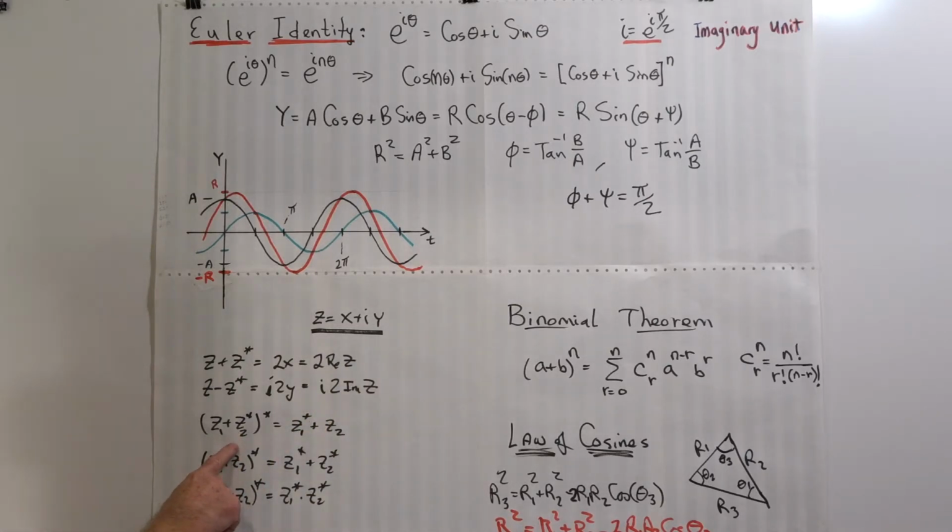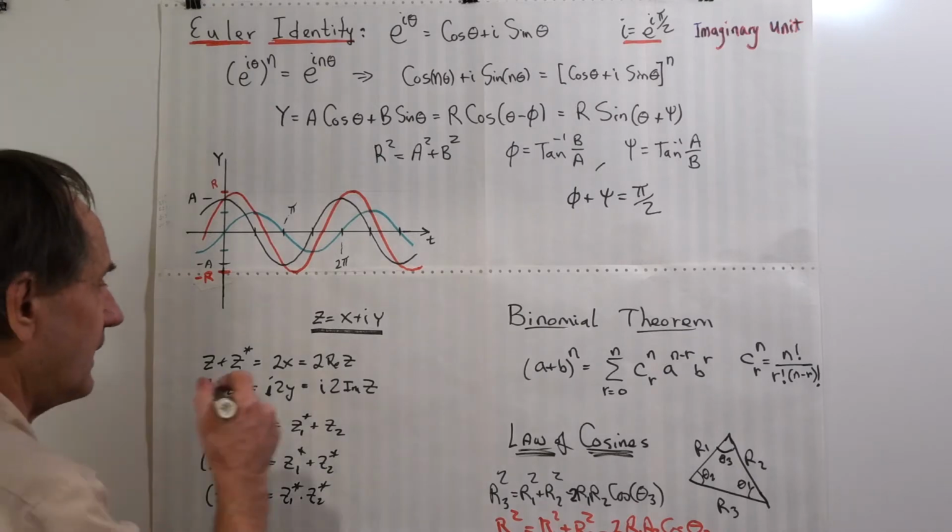And we can distribute conjugation through an addition like this: Z1 plus Z2 conjugate is Z1 conjugate plus Z2 conjugate. The conjugation also distributes through a multiplication, so Z1 times Z2 conjugate is just Z1 conjugate times Z2 conjugate.